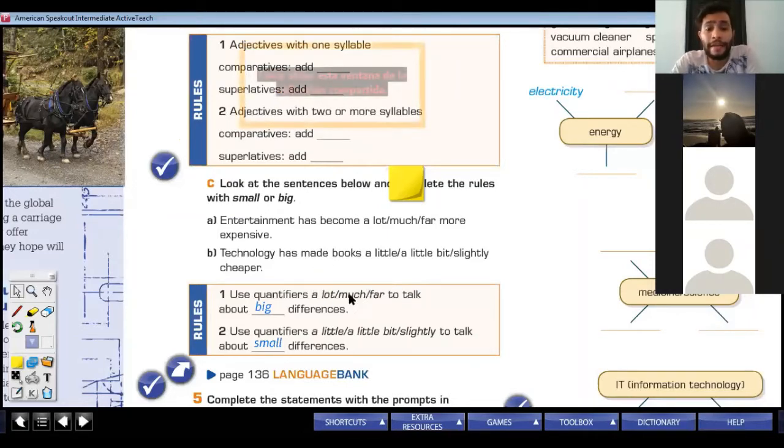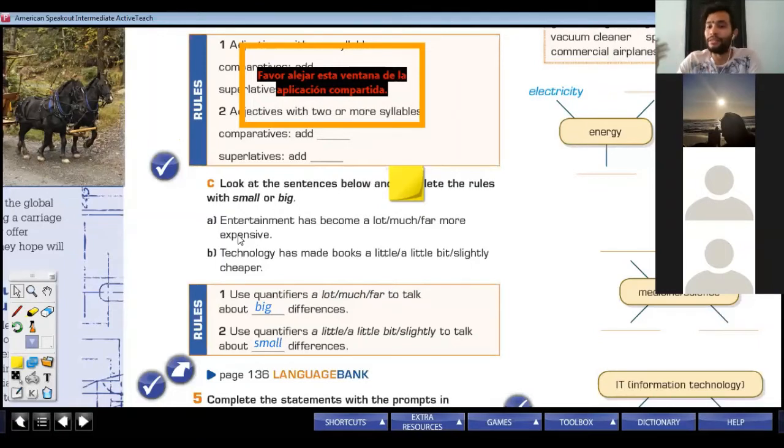Entonces, the idea is that when these quantifiers are followed by more and then an adjective, the intention is like mucho más or por mucho más, right? That's the intention. In the case of this one, poco menos or mucho menos, right?